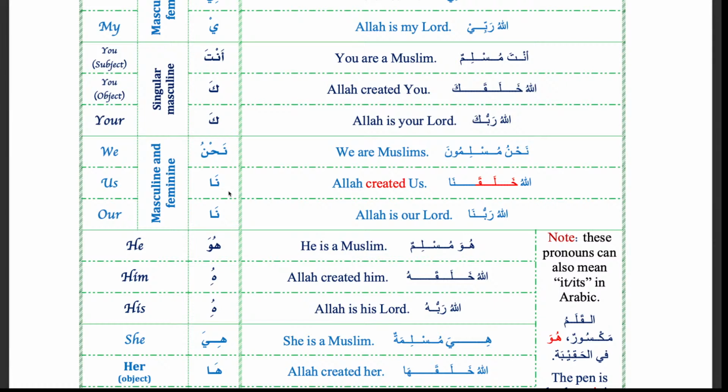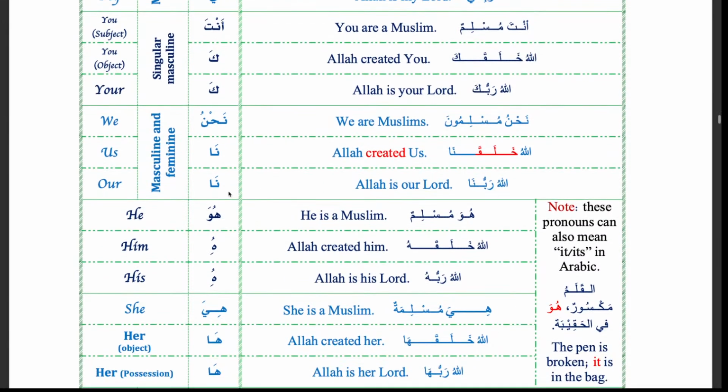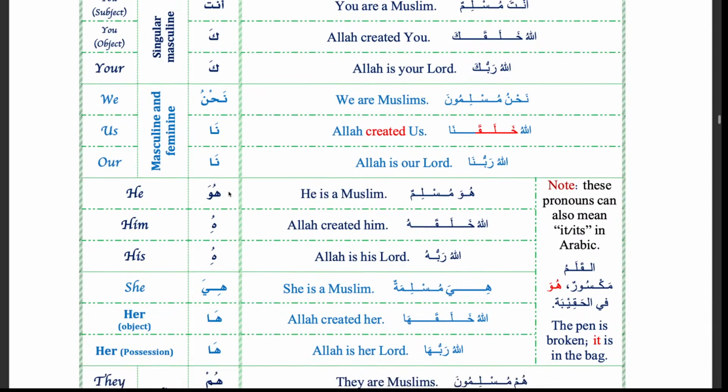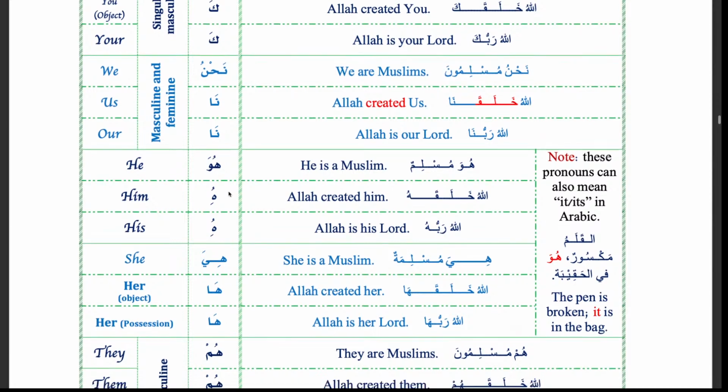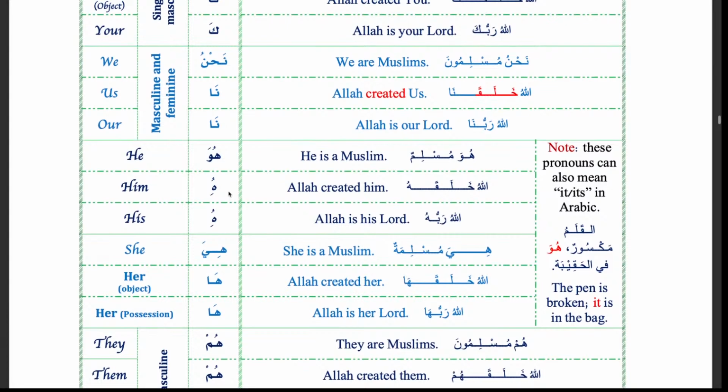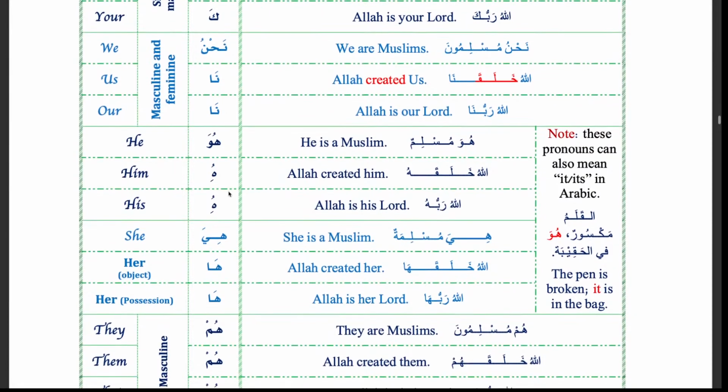But in Arabic, they don't list it as possessive pronoun. They list it as either a pronoun, or don't worry about that, accusative pronoun or nominative pronoun and all those fancy words that they have. That's if you translate it too.